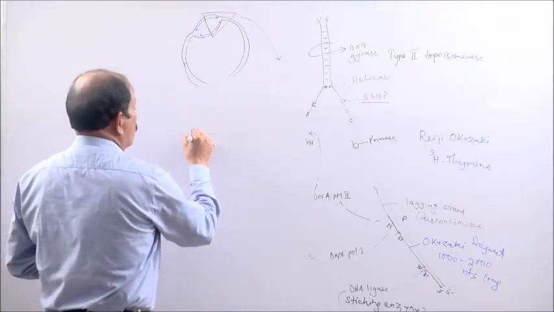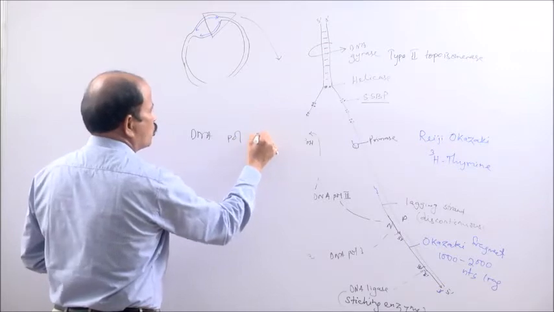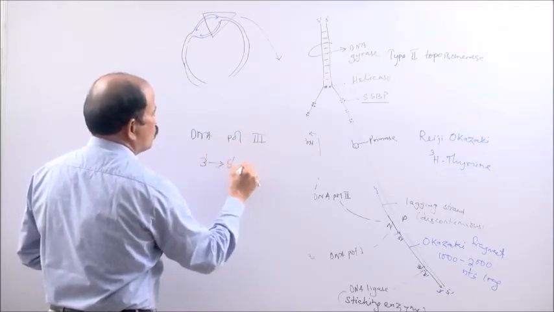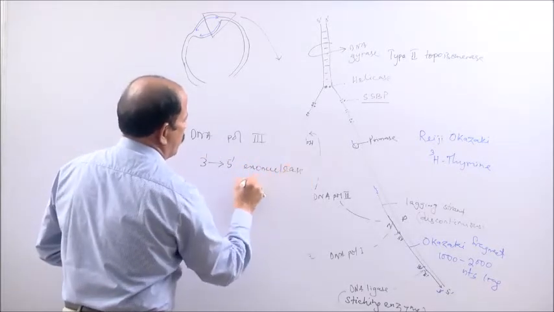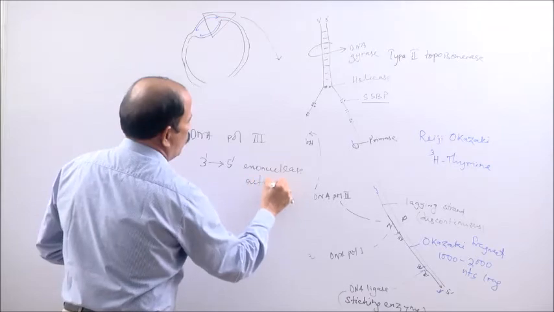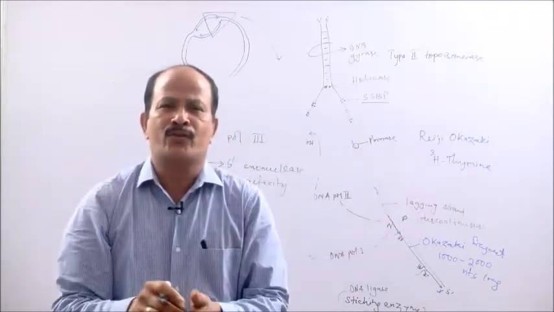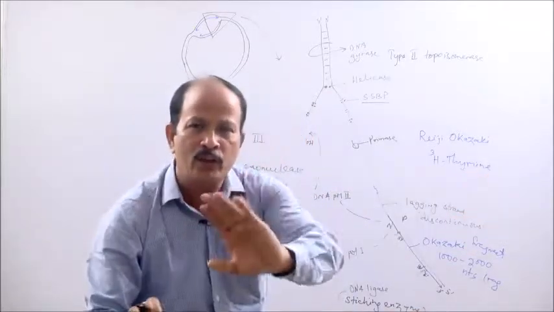Next, DNA polymerase III has 3'-5' exonuclease activity. Whenever we go on writing, even though I am writing on the board, there are some mistakes, and when I read and find a mistake, then I wipe it.